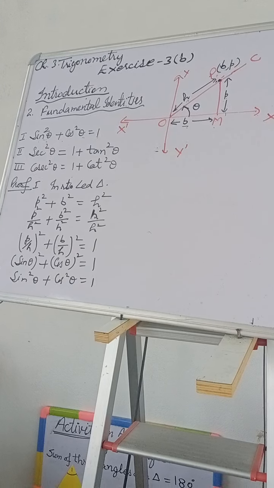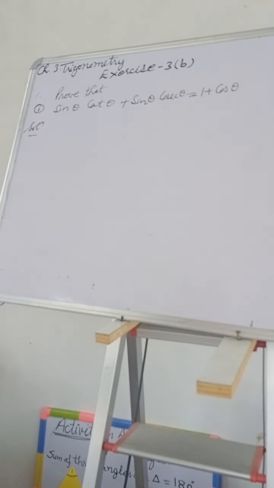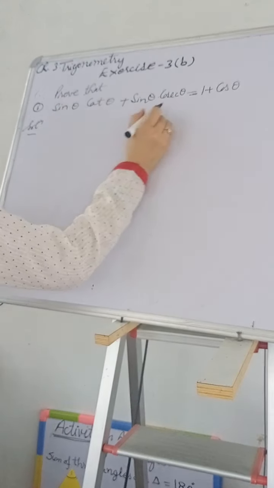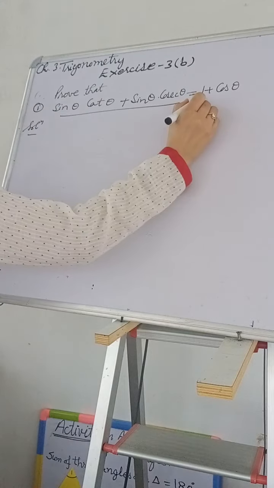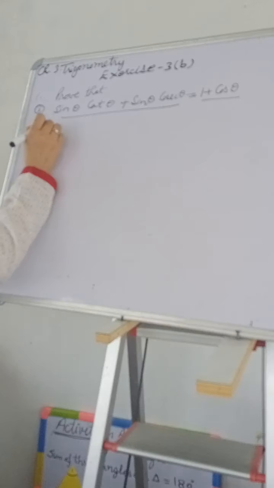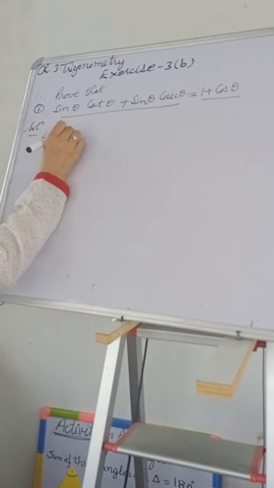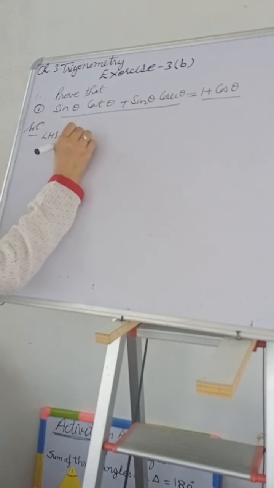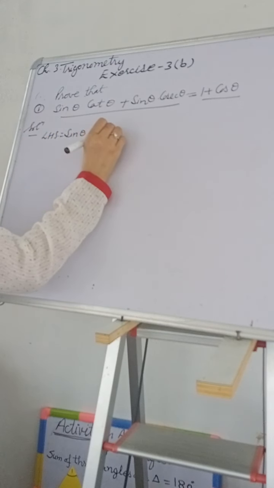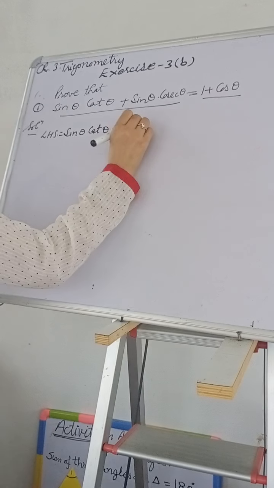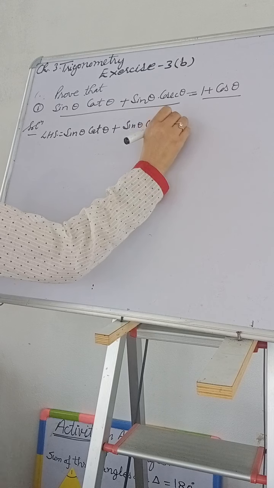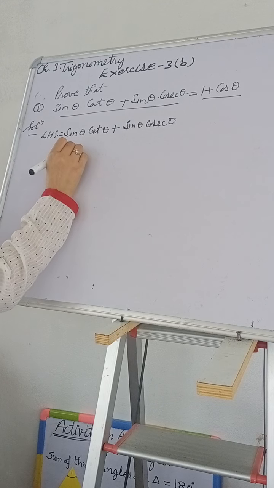Let us start with the questions. Question number 1: prove that the left hand side is equal to the right hand side. We start with the left hand side, which is sin theta cot theta plus sin theta cosecant theta.